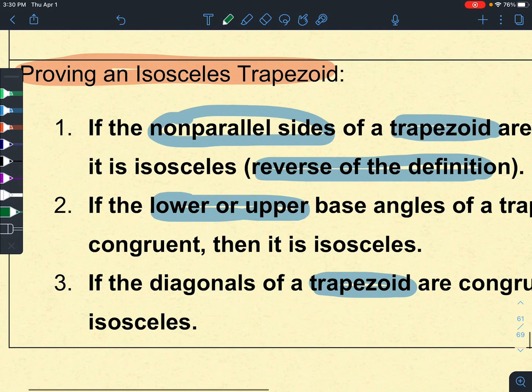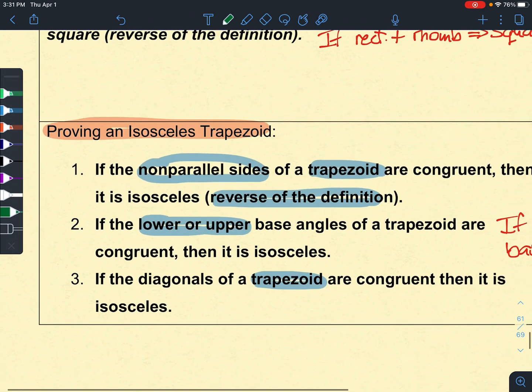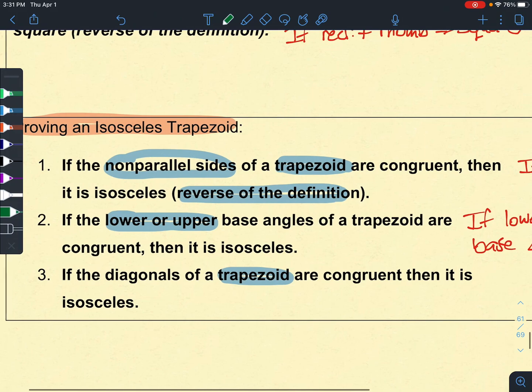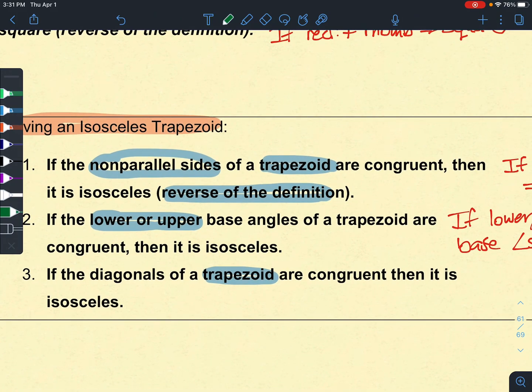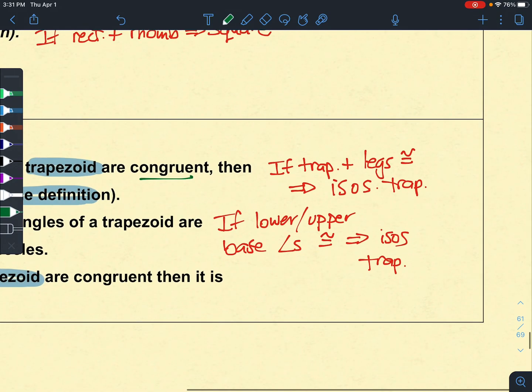Proving something is an isosceles trapezoid. So first of all, grab the non-parallel sides. Show that the non-parallel sides are congruent. Okay? So if the trapezoid and the legs are congruent, so here we have to have one pair parallel, and the legs are congruent. Then you got an isosceles.